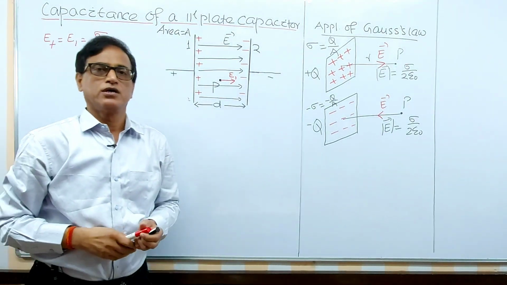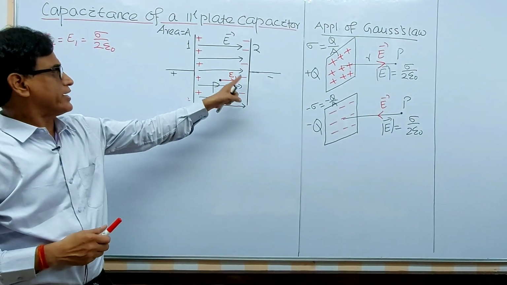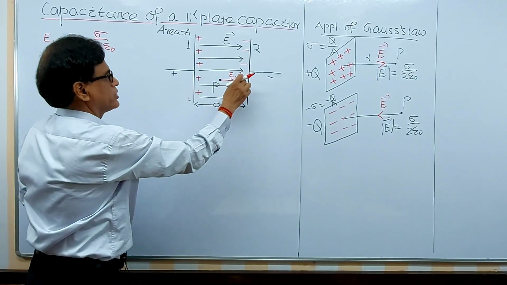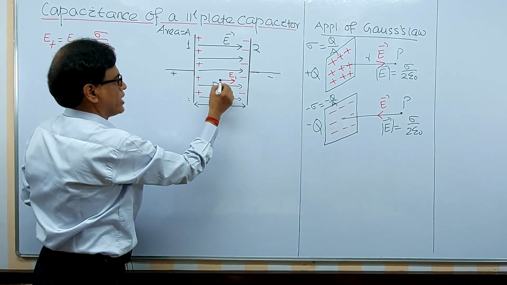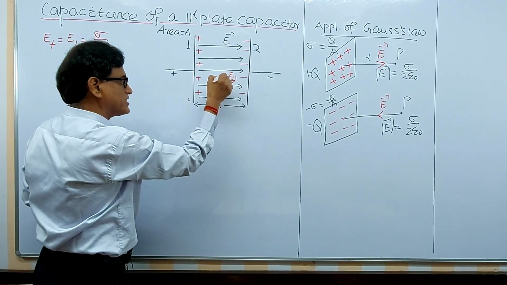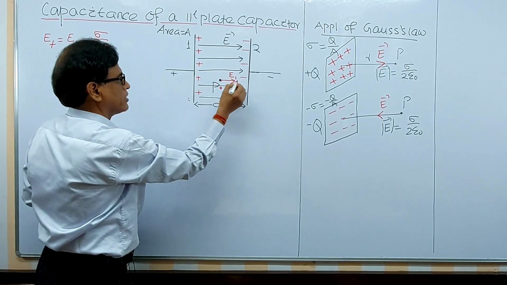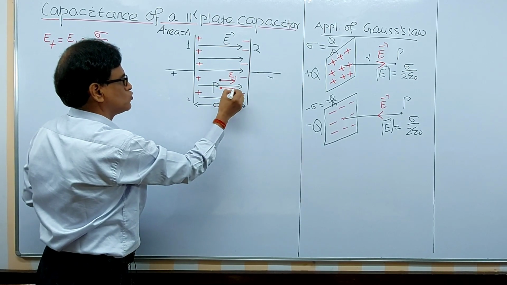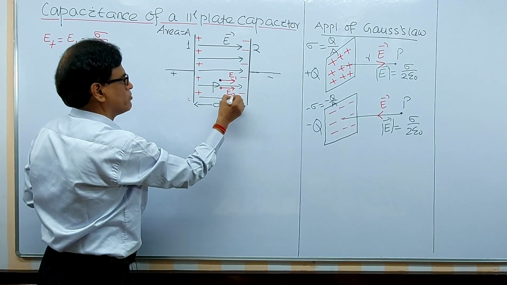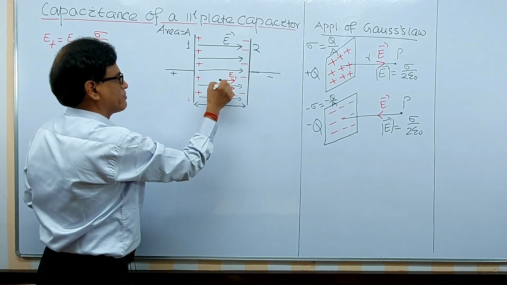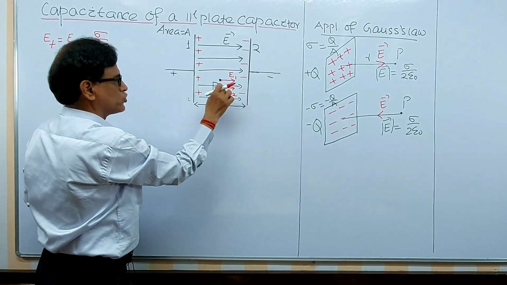E1 is also E positive, due to the positive charge plate. What happens due to the negative charge plate? Due to the negative charge plate at the same point, I am showing it just below this, but it is actually at this point. So here, due to the negative charge, it is towards the charge, that is E2. But remember, this point and this point are the same. I am taking this as the same point to show in the diagram.